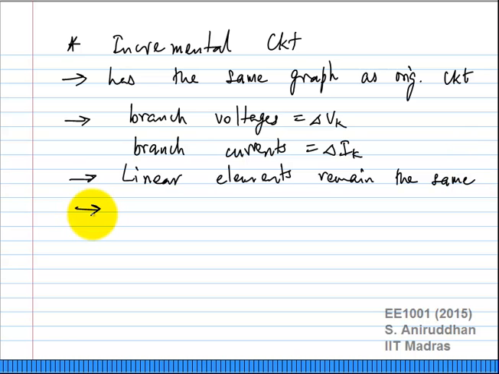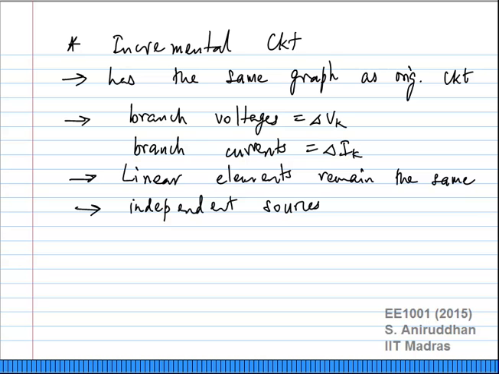What about independent sources? What will you do with independent sources? What did we do with Vs? We replaced it with its incremental equivalent, which is delta Vs. That is what you are applying from outside.